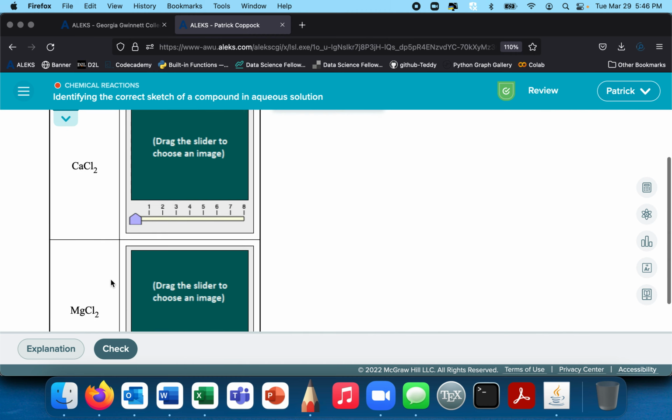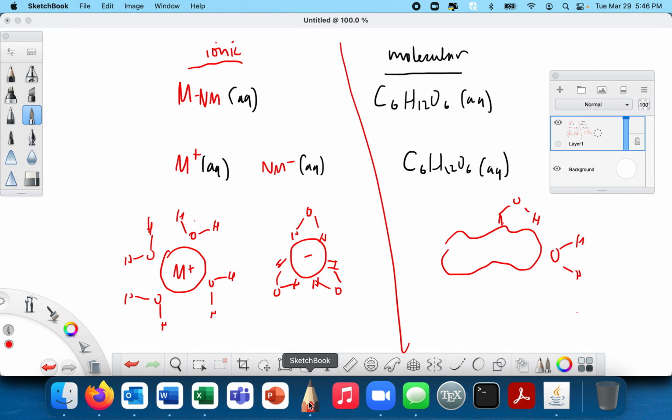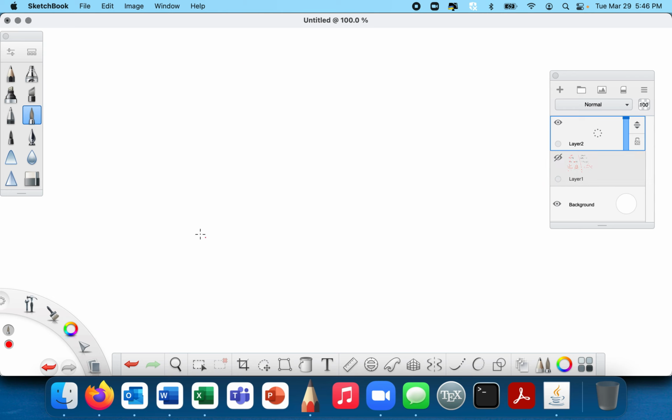So before I look at it, I'm actually going to make a prediction. Calcium chloride. So let me come over here and go to a new layer. Let's say calcium chloride in aqueous solution is really calcium 2 plus aqueous plus a bunch of chlorides.